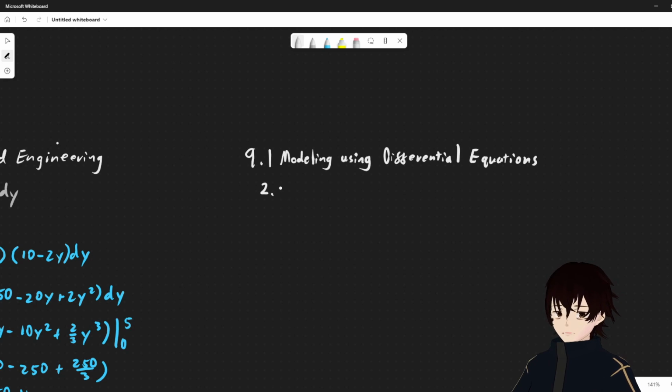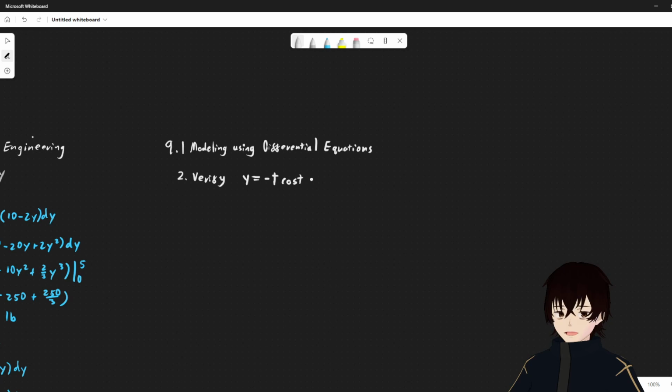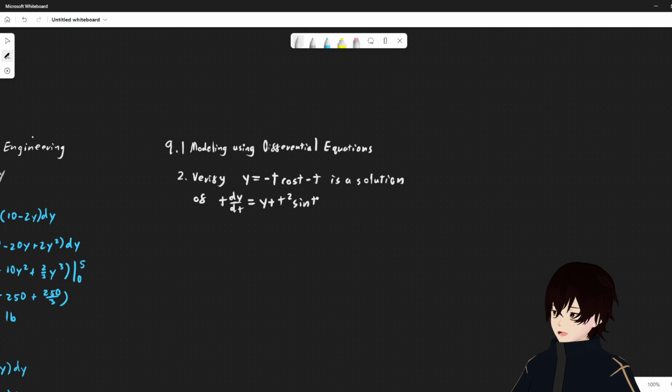Number 2. Verify that y equals negative t cosine t minus t is a solution of t times dy/dt is equal to y plus t squared sine t.